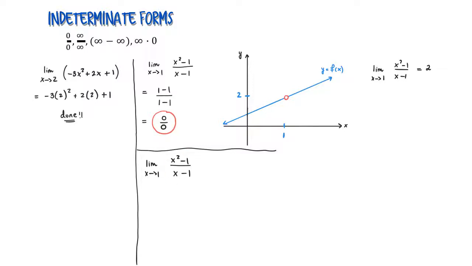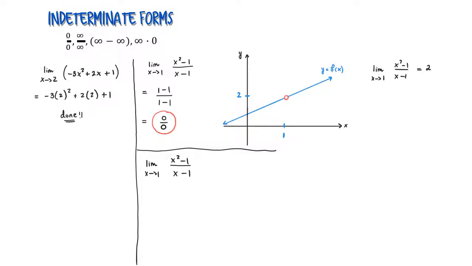What happens if the function is not continuous? What happens if whenever you do your substitution, you get this indeterminate form, 0 over 0? If that is the case, you're going to try to see if you can simplify this expression right here by using some sort of algebraic manipulation.